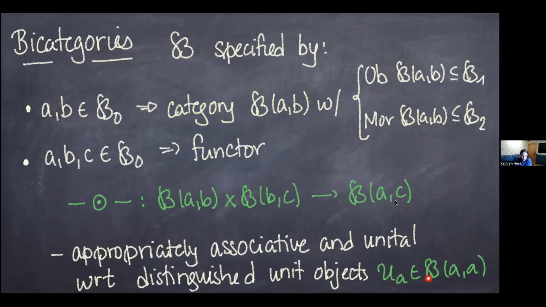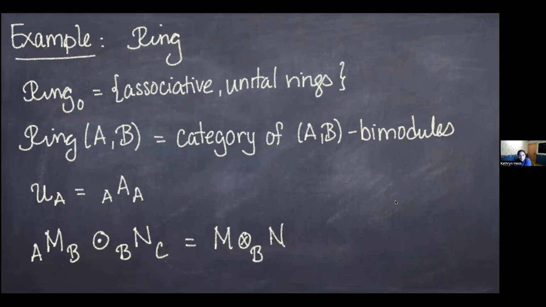So within this category here, I have an object that we'll call UA, which is a distinguished unit object. Now, here's an important example of a bicategory that I'll call Ring. So in the bicategory Ring, the zero cells are associative unital rings.